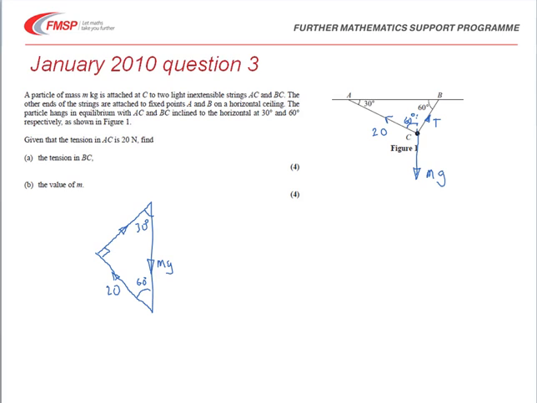Now once you've drawn the vector triangle, this becomes quite a straightforward problem, because from our triangle with T marked in there, we can use simple trigonometry to see that tangent of 60 degrees is T over 20.